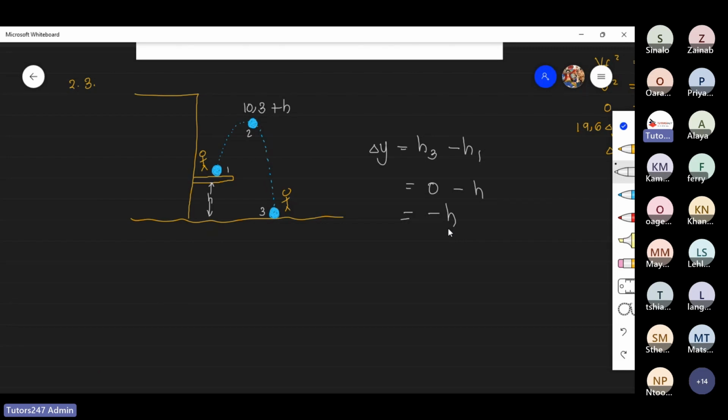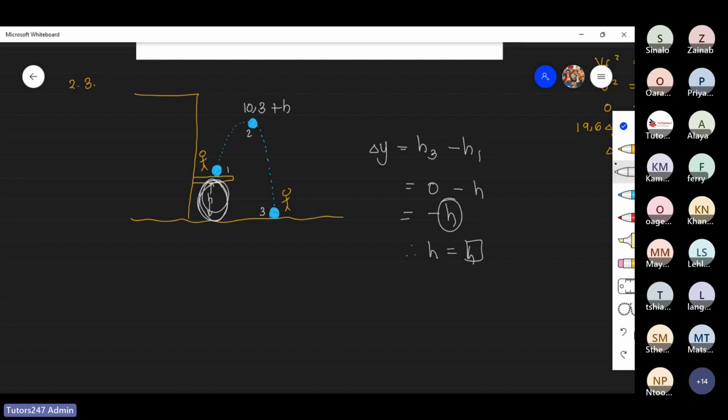So when we're talking about height, we will ignore the negative sign. So we will therefore say height equals whatever value that this is, which is h. Can you see that all we did was show that we're finding h? All I did with this equation was show you that when you calculate the change in this person's position, you are ending up with h. And what is h? h is the height of the balcony above the ground.